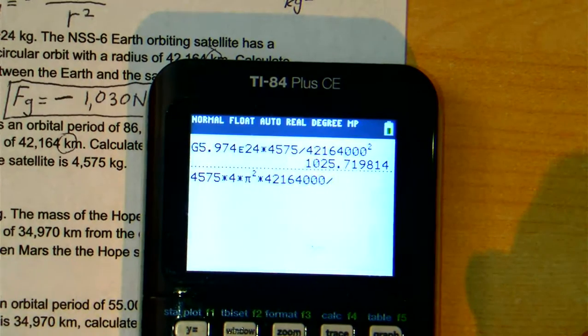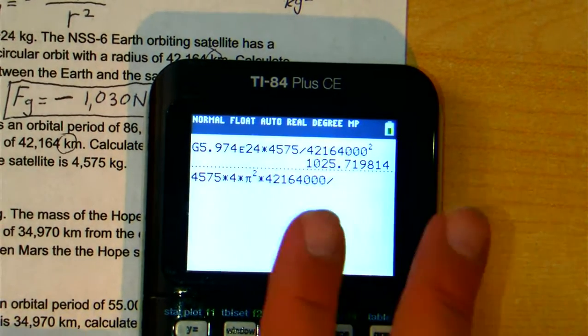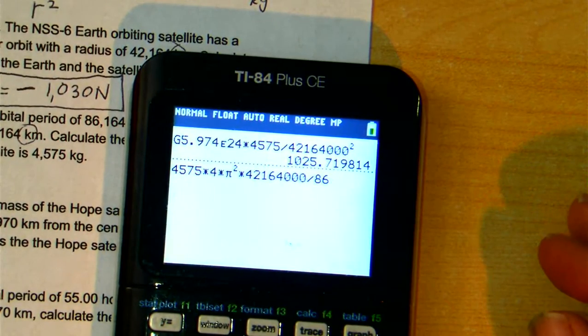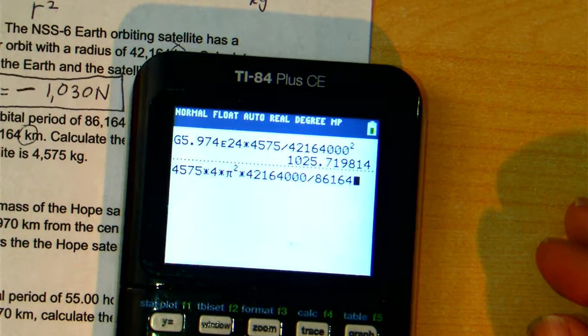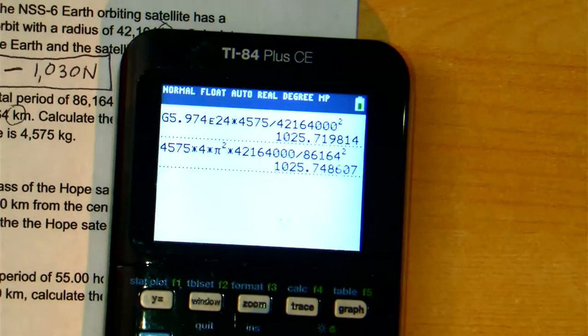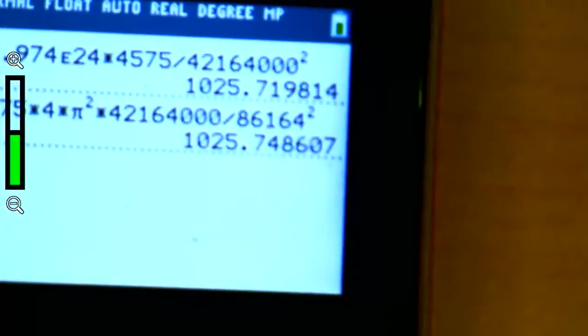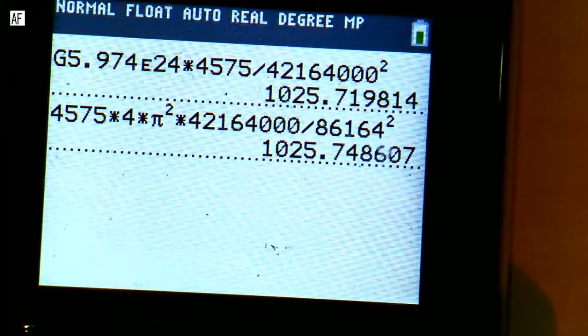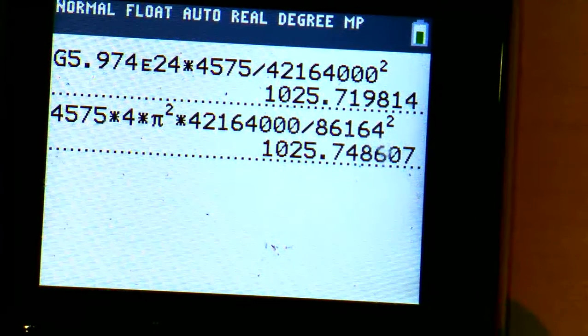I'm going to divide all of that by 86,164 squared. Enter. And oh my goodness, look at how very similar the two results are on my calculator. And that's not a coincidence.